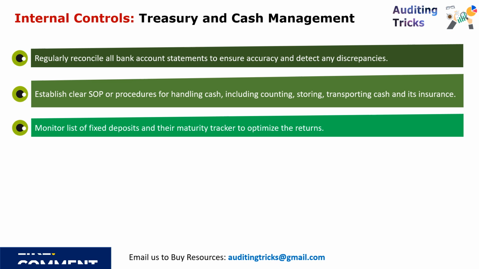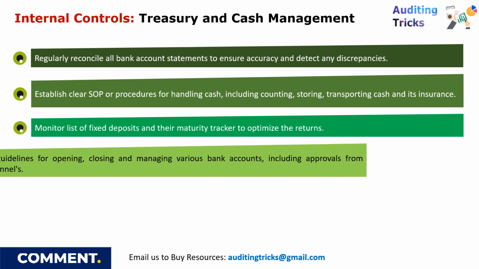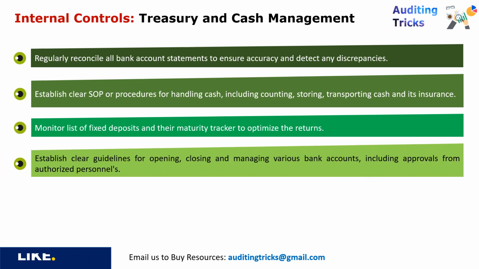We should monitor the list of all the fixed deposits, and a maturity tracker should be maintained to optimize the returns. We should establish clear guidelines for opening, closing, and managing various bank accounts. It should also include the approvals required from the authorized personnel for the banking activities.